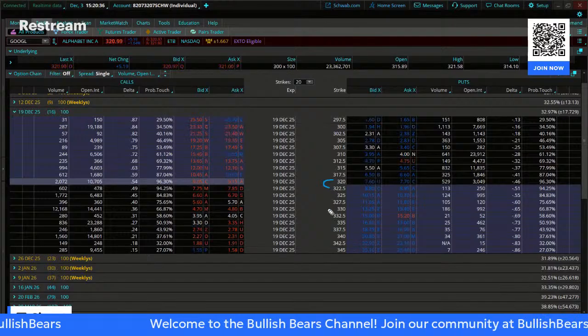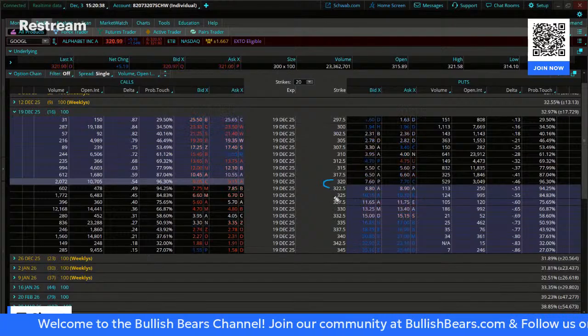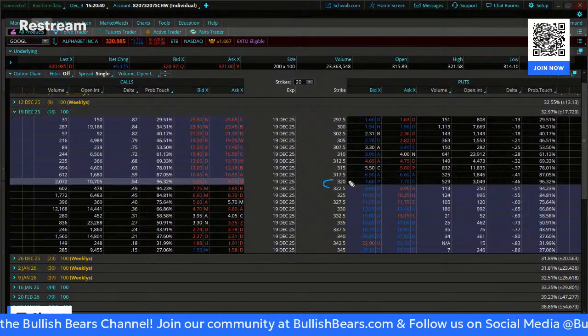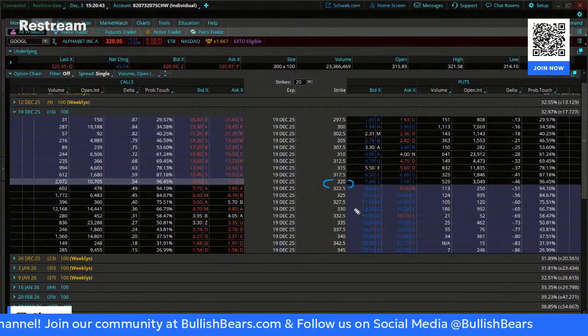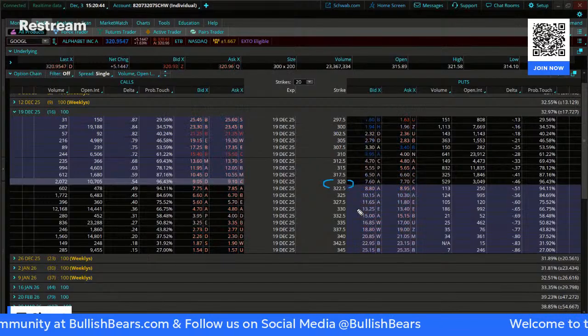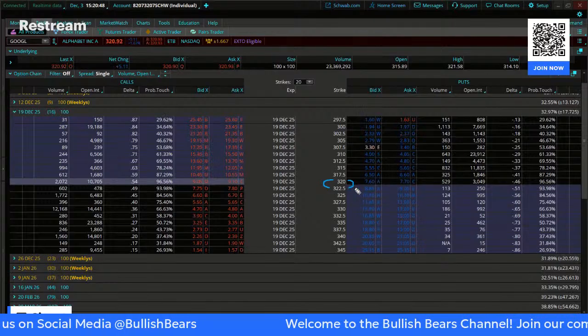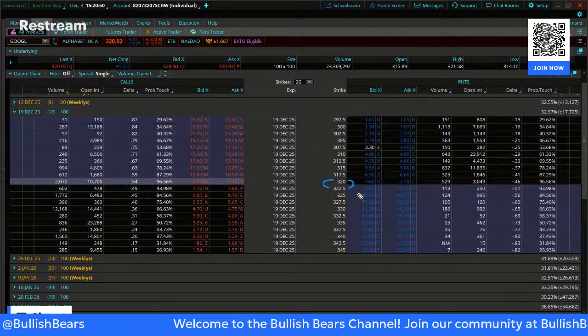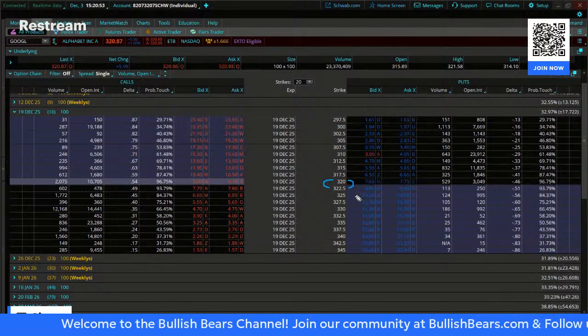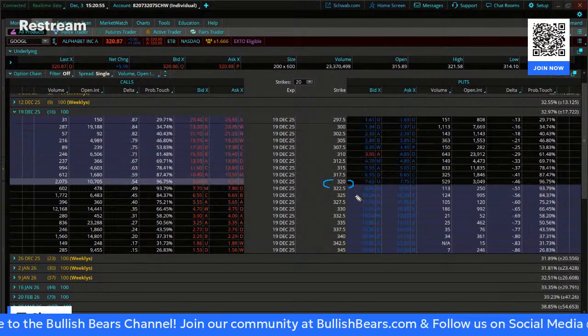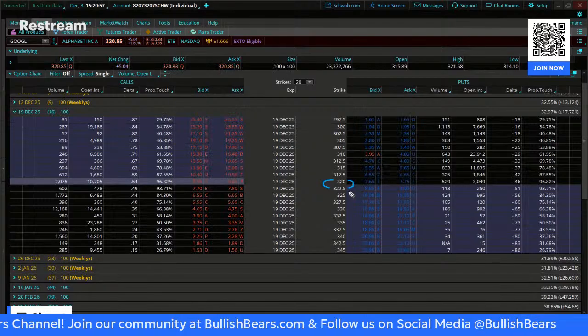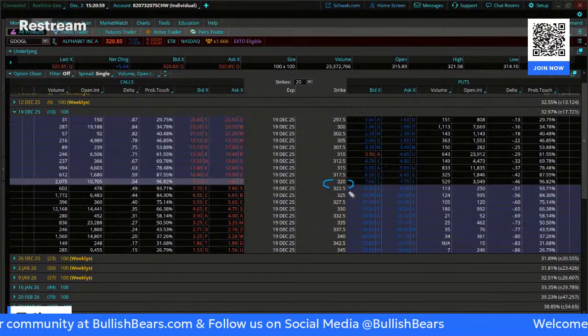We look at the strikes. How big are they? Google has $2.50 wide strikes. That's not that bad. Google's a $320 stock, $2.50 wide strikes. That's not bad at all, things considered, right? At least it's not $10 wide or even $5 wide.